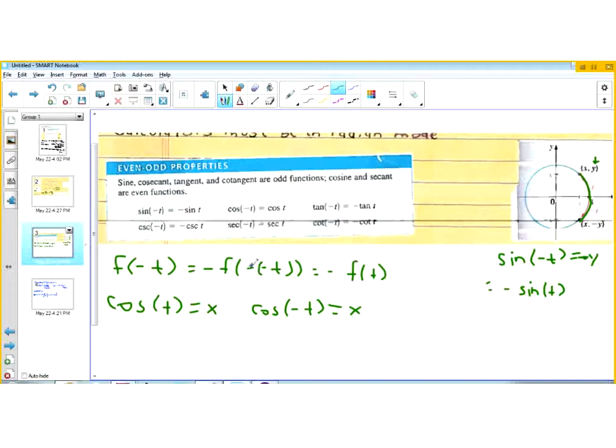Okay, all right, and so if the cosine is an even function, then its reciprocal function, 1 over cosine of t, which is the secant of t, is also even. So since cosine is even, it follows that the secant function is even. And likewise, if the sine is an odd function, then its reciprocal function, the cosecant function, would also have to be odd.